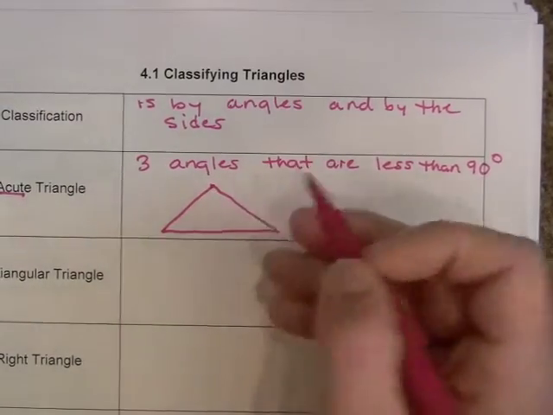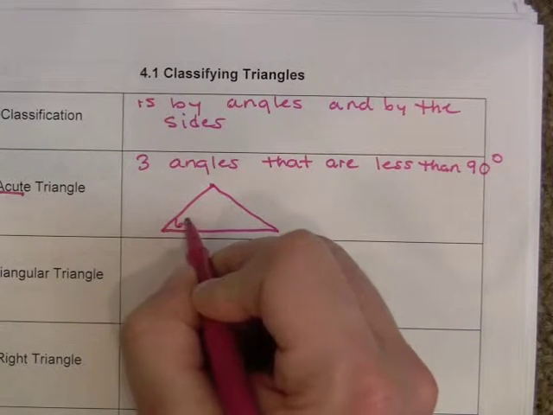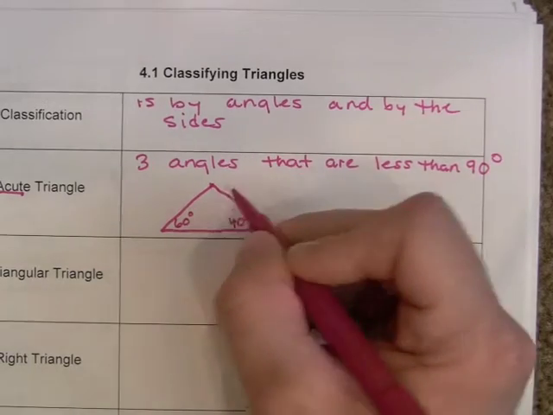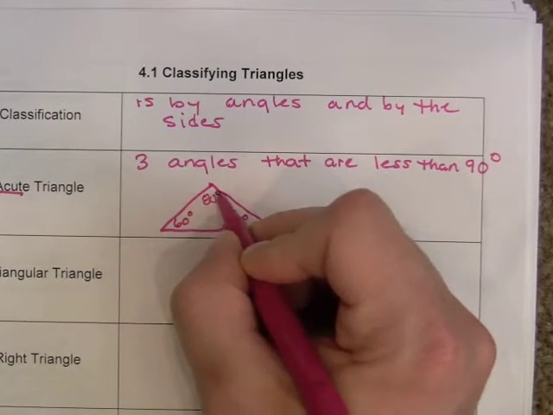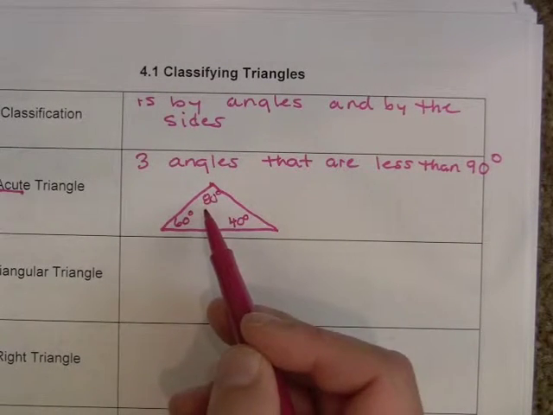An example may be a triangle that has one that is 60 degrees, that's less than 90, 40 degrees, that's less than 90, and 80 degrees, that's less than 90. This is called an acute triangle because all three angles are less than 90.